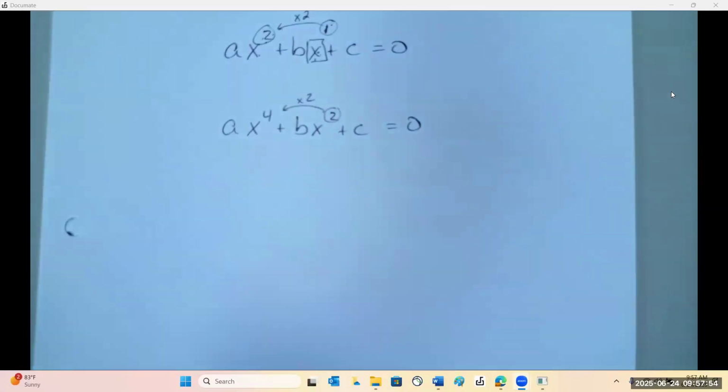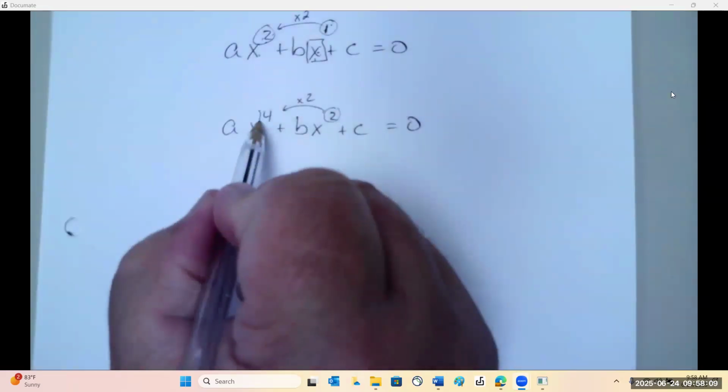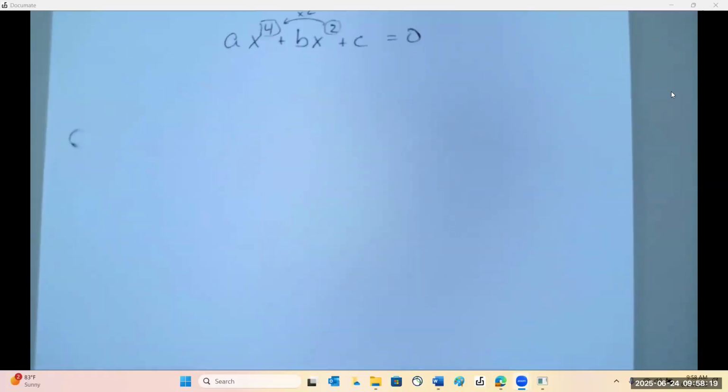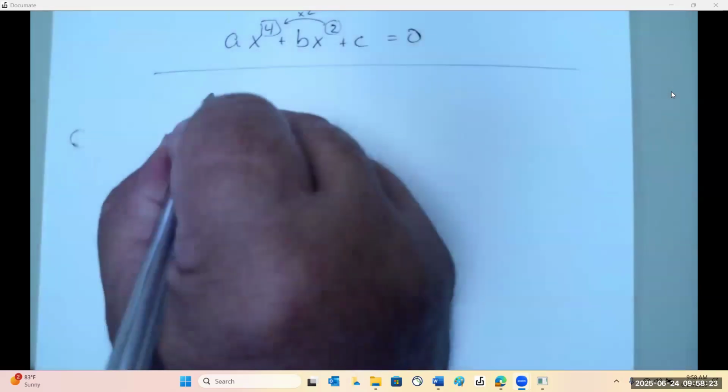So I can use the same rules of quadratic equations for this one that I did in the other ones. How many answers are we going to have? We're going to have 4 answers. That's never going to change. The leading coefficient, the degree, is always going to tell us how many answers. But now we have a simpler way of solving this one.